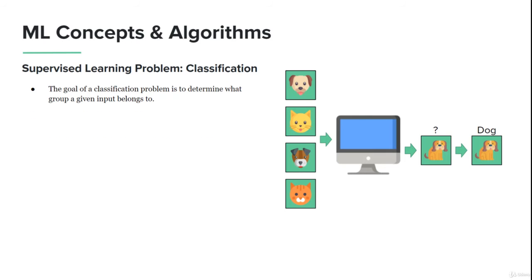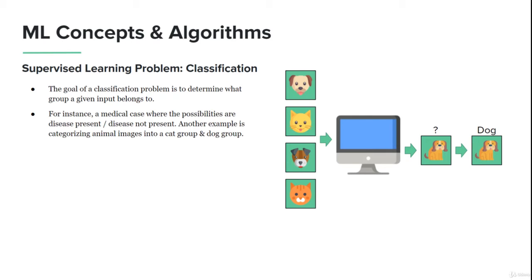What we're looking to do is understand how to get the machine learning algorithm to classify the right type of animal. For instance, a medical case where the possibilities are disease present or not present, and the other example I mentioned, the dogs and the cats, being able to classify them in the right group.